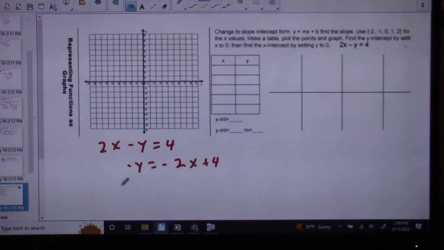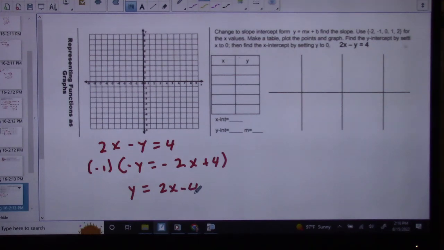What's the coefficient of y here? It's negative 1. So if we go ahead and multiply this whole equation by negative 1, we're going to get y equals 2x minus 4. We had Caitlin P in 6th period, got this right.